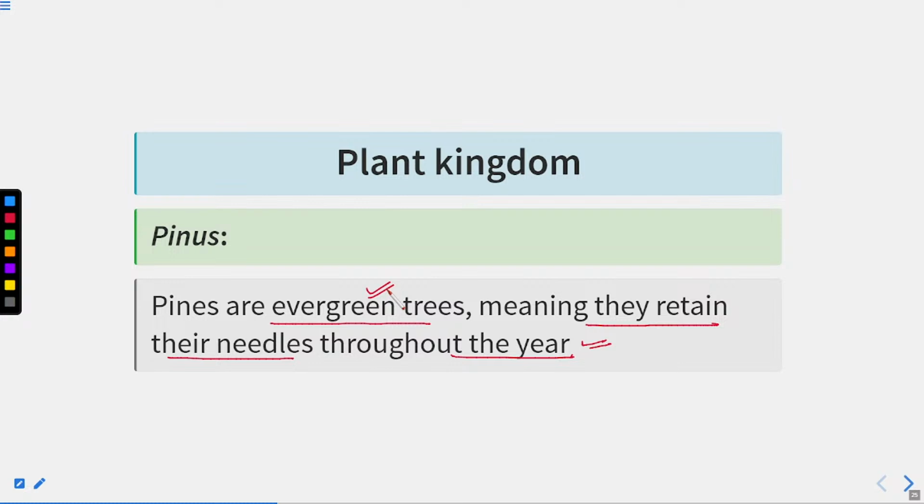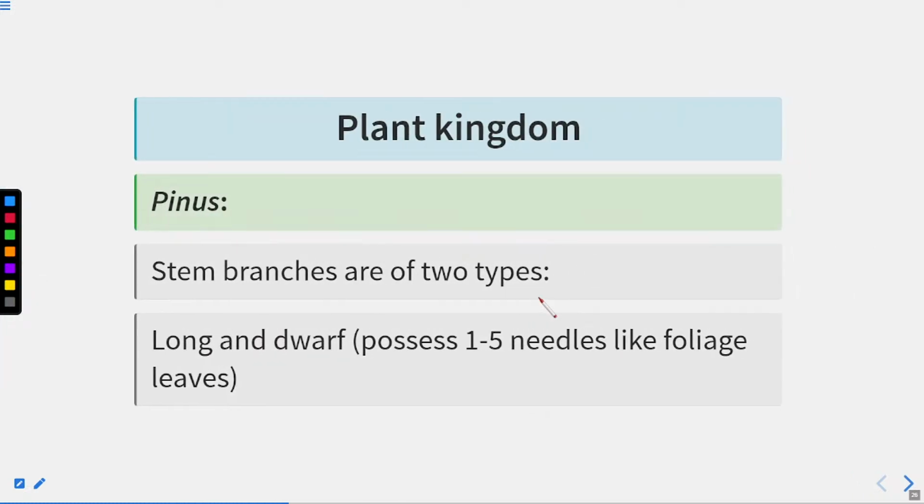They always have leaves, right? That is why they are called evergreen trees. Stem branches are of two types, long and dwarf, and they possess 1 to 5 needle like foliage leaves.